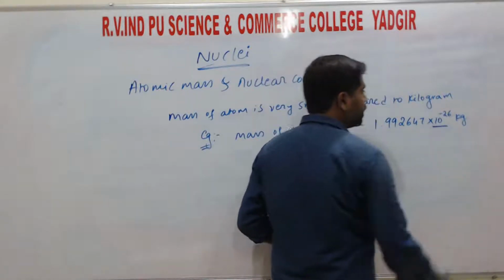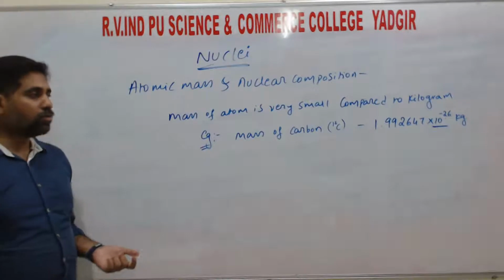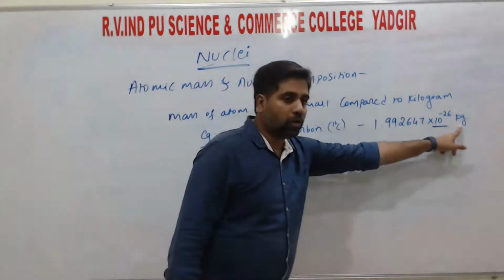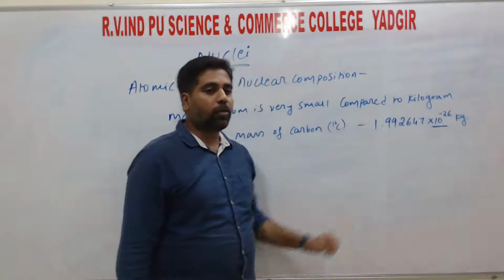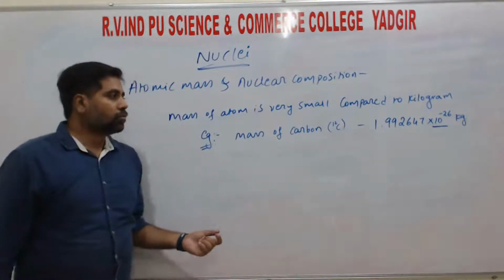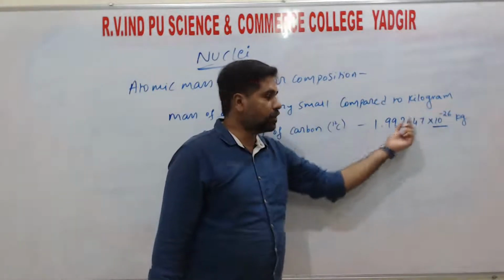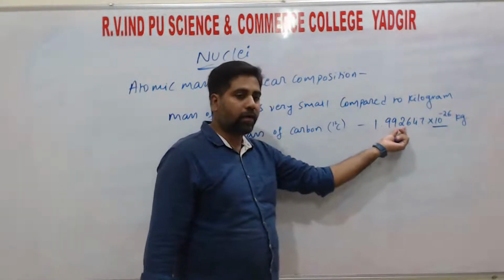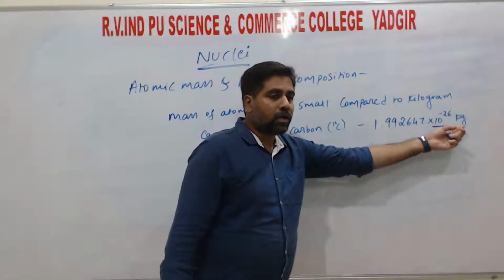If you observe here, minus 26 is a very small value compared to the kilogram, right? This value is 1 divided by 10 to the power of 26, so it is 0.000 up to 26 zeros, and after that we get this numerical value. This is very small compared to the kg.